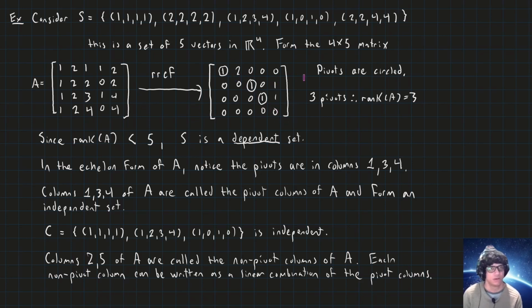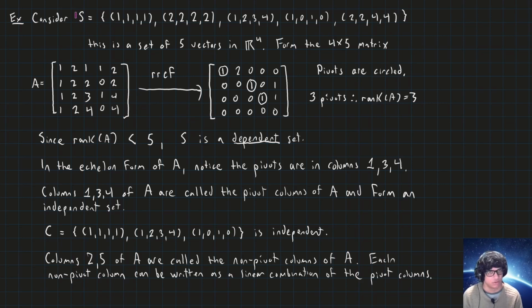So since the most the rank could be is 4, this set of vectors never had any chance of being independent, because it needs a rank of 5 to be independent.